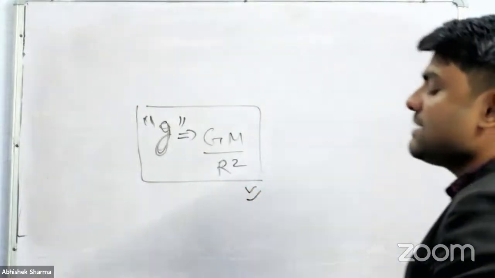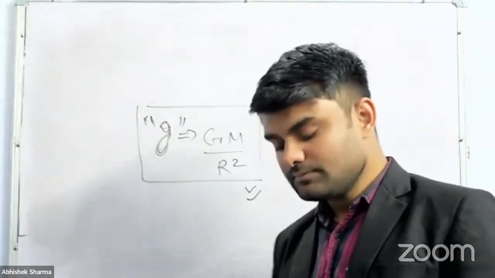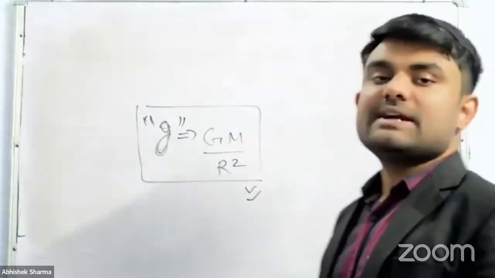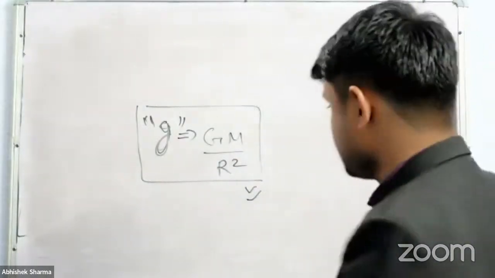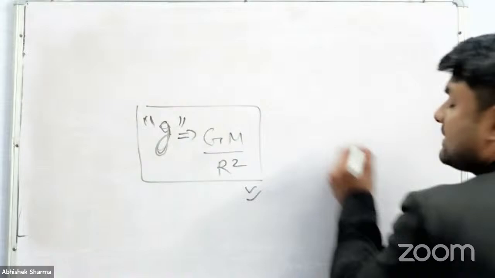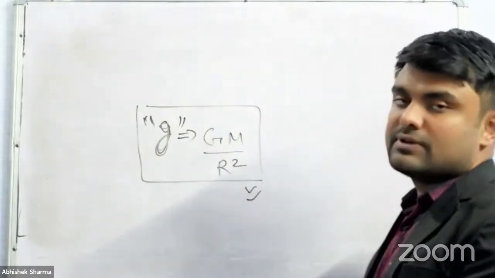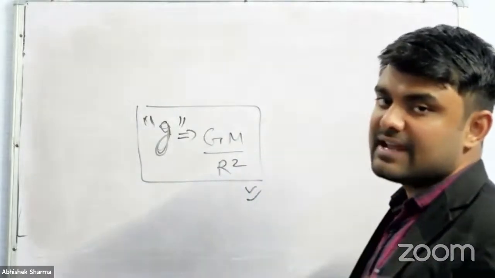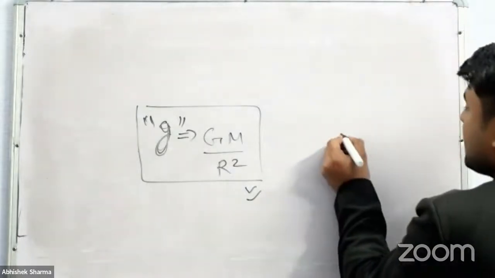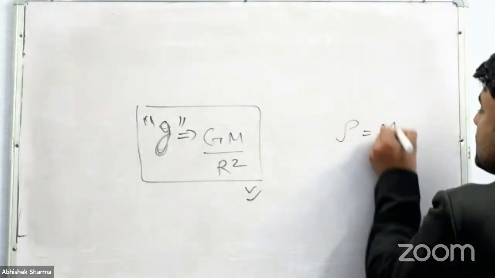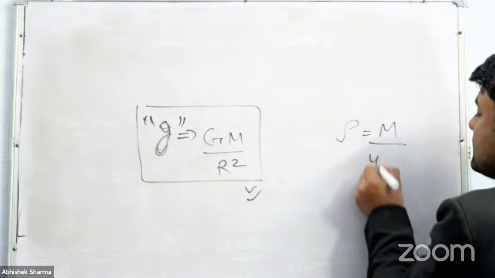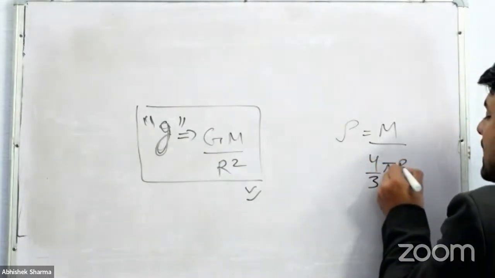We can also write this expression in the form of density. We'll treat Earth as a sphere, though it's oval shaped. So I'll write density is equal to mass upon volume. Volume of a sphere is 4 upon 3 pi r cube.